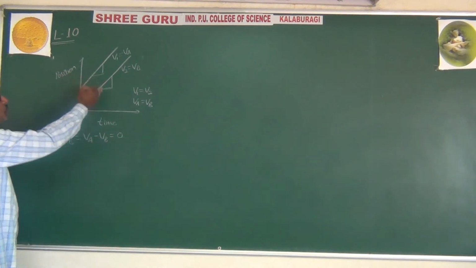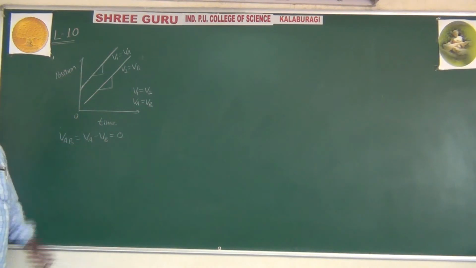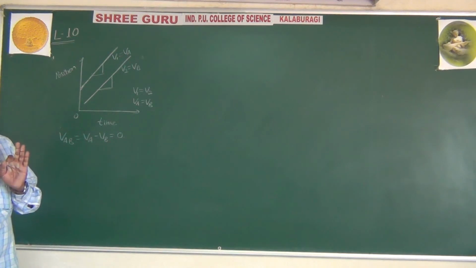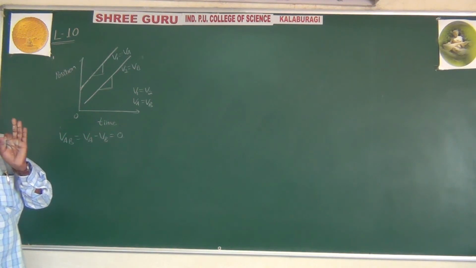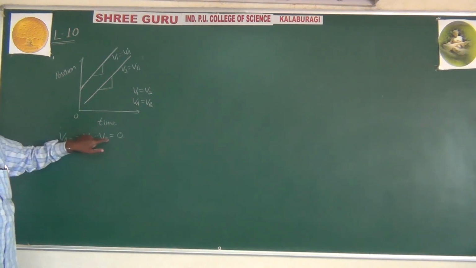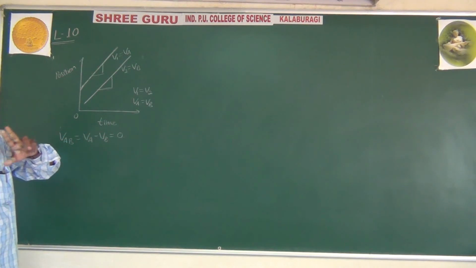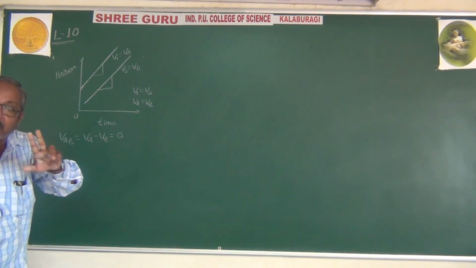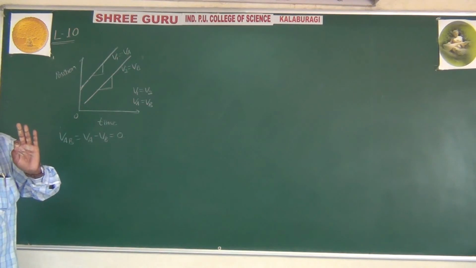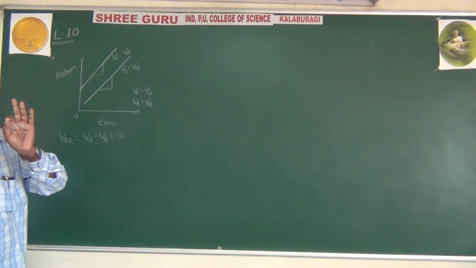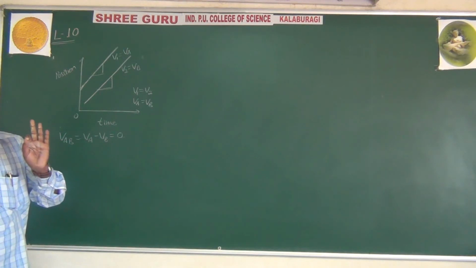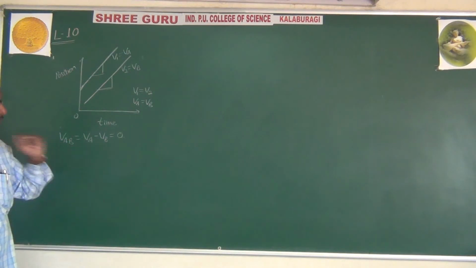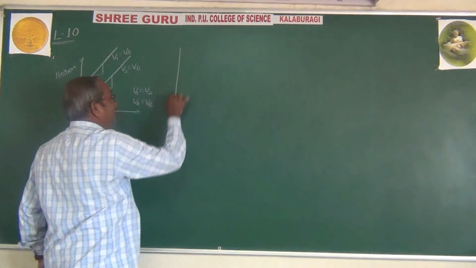That means both curves, obtained by plotting position-time graphs for two different bodies, show bodies moving with the same and uniform velocity.